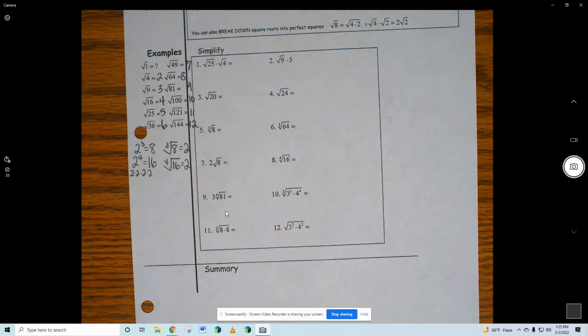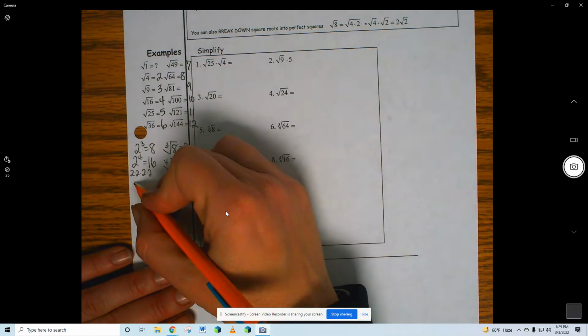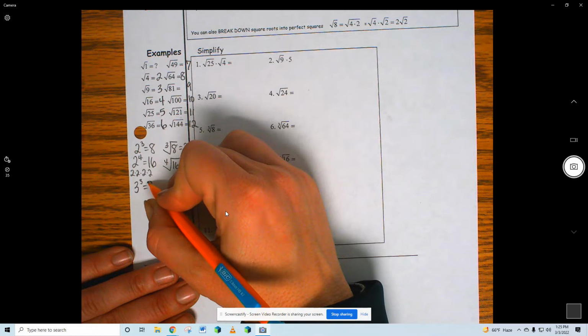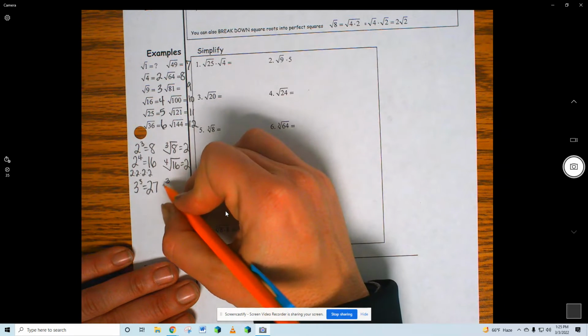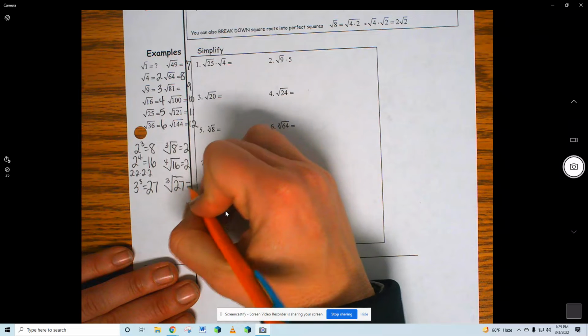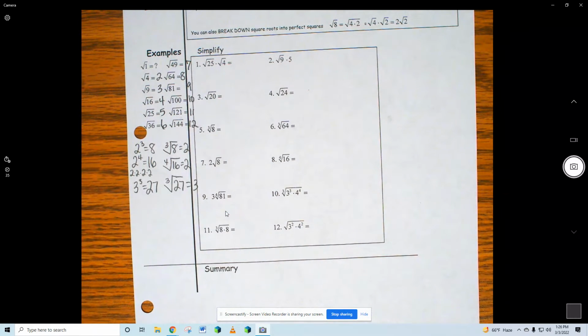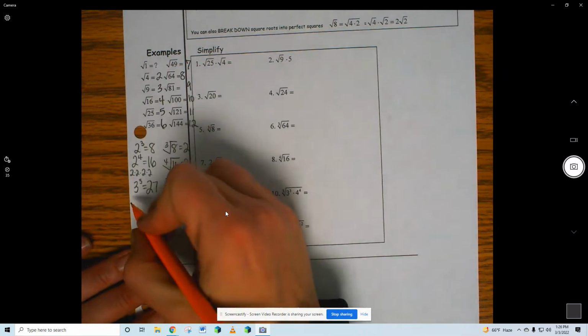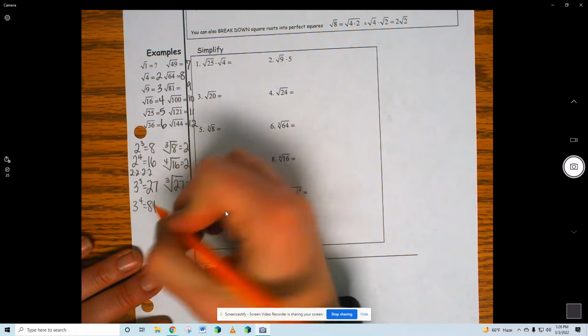Now, I have some threes. 3 to the third is 27, which means the cube root of 27 is 3. Three to the fourth, that's 81.